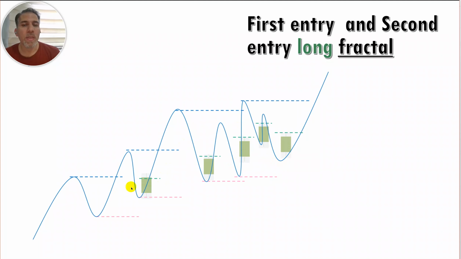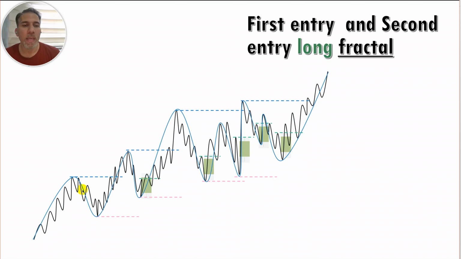So look here, in the market anything can happen. As you see, if you dive into these candles, inside these candles, you will see something like this. Now here a trend is forming, so this is the fractal of it.